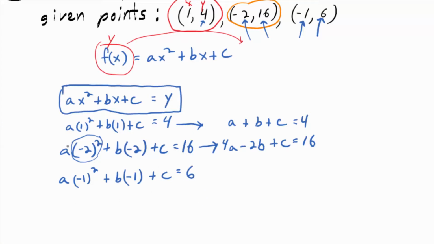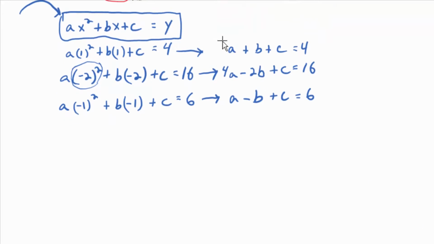The 6. Everybody see what we're doing? Plugging in x and y into this equation. Everybody good? Okay, what does that simplify to be? a minus b plus c, good, equals 6. There you go.